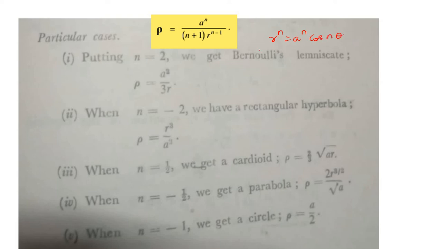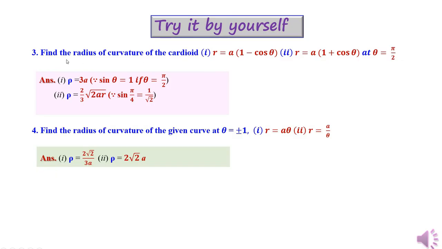So when n takes these values, n equal to 2, then what is the corresponding curve called? When n equals minus 2, what is the corresponding curve called? All that is given here, and correspondingly the rho values can be obtained using this. And so we can have these problems as homework.